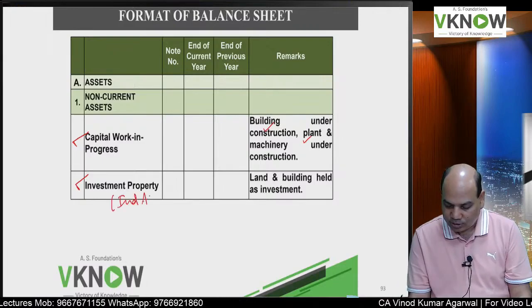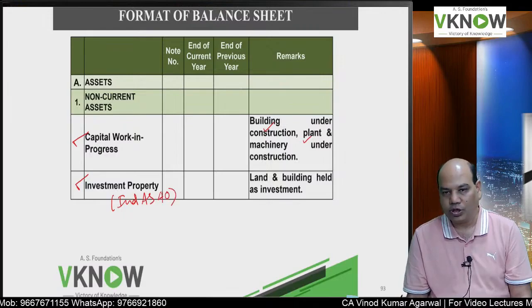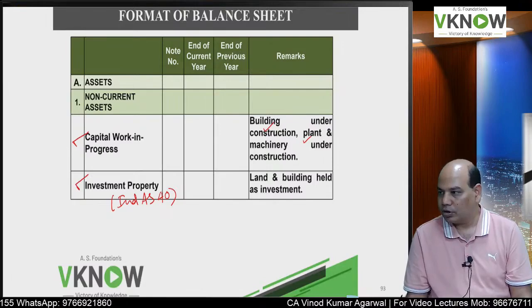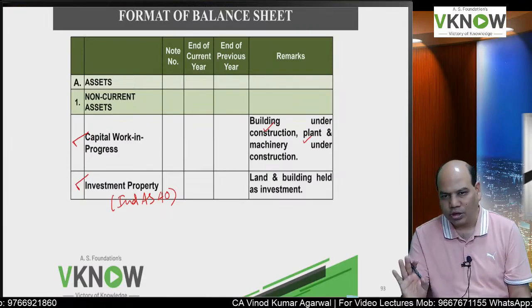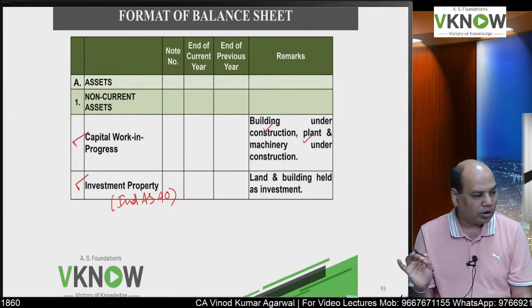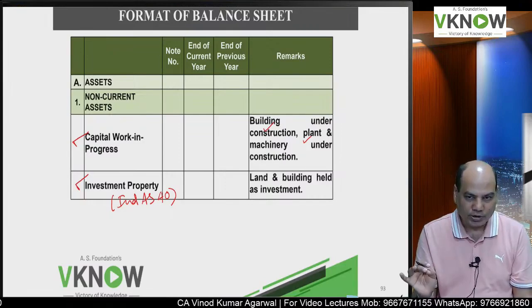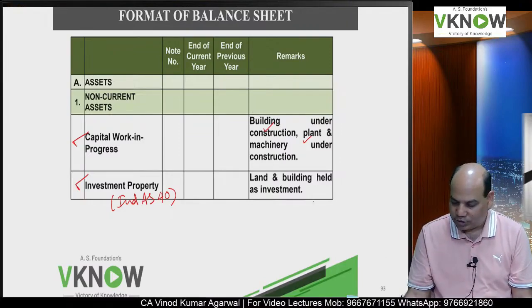Can you give me the number? Yes, number Ind AS 40. Investment property means investment in land and building for earning rent or capital appreciation, not for use in the business. Don't write, it will come in Ind AS 40. Main objective is to earn rent, capital appreciation, like investment in land, investment in real estate.